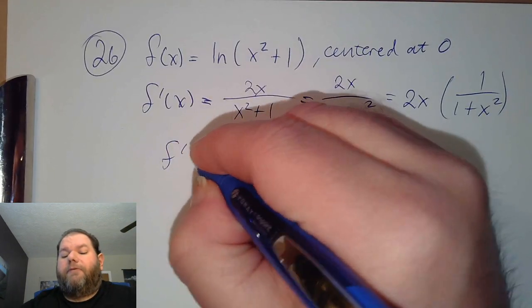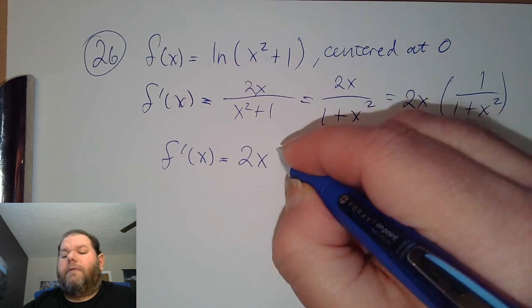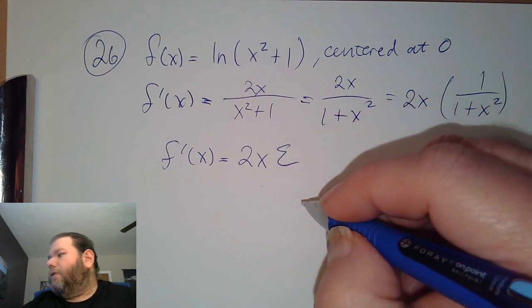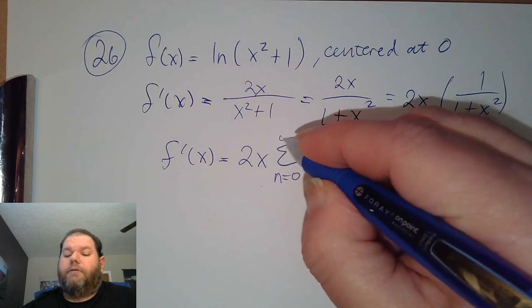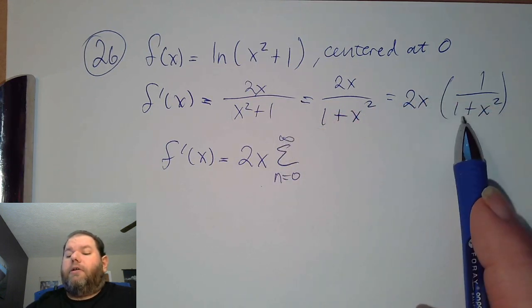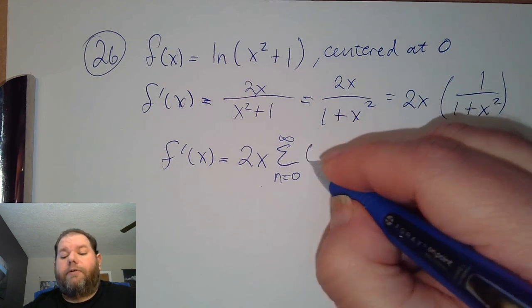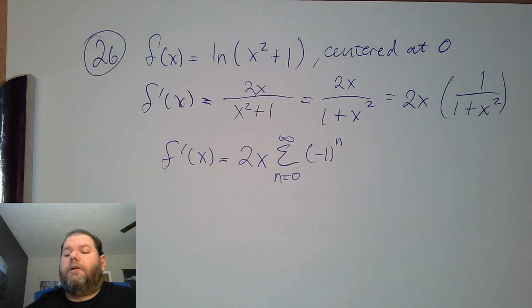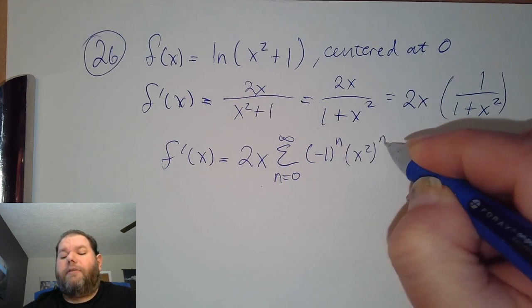So f prime of x is going to be 2x times the sum, n equals 0 to infinity. Now, this is a plus, so we know that means it's an alternating term, negative 1 to the n. And then we have x squared is our function, that's raised to the nth power.